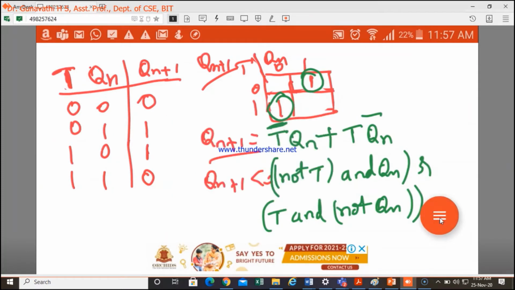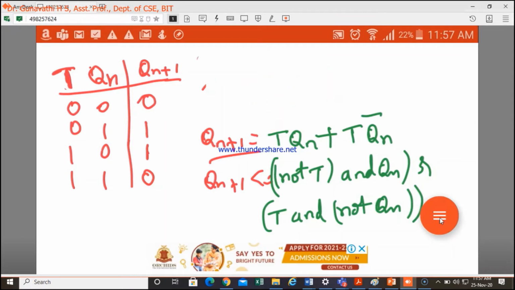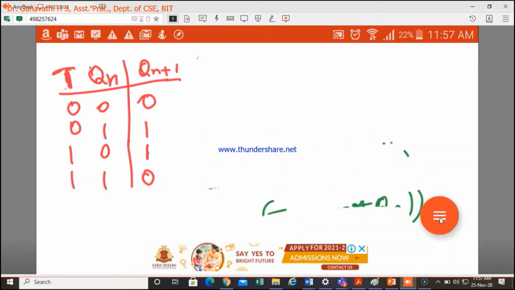Yeah, we'll just continue now. So we know the truth table and we have discussed the characteristic equation. Now we'll look into the state transition diagram. Then we'll write the excitation table. Now I will go in reverse order because the T flip-flop is already here. I'll write with the T flip-flop, then I'll go for the D, SR and JK.